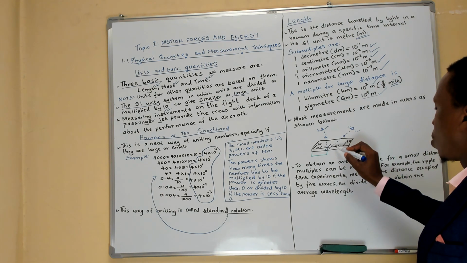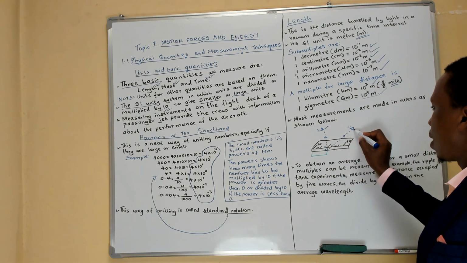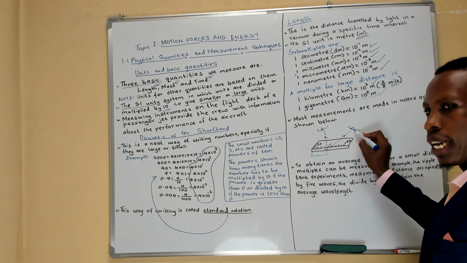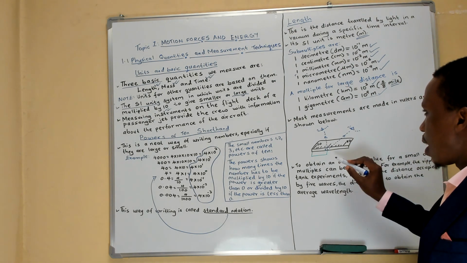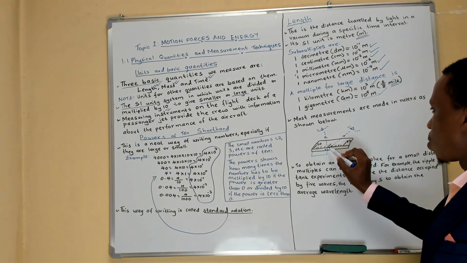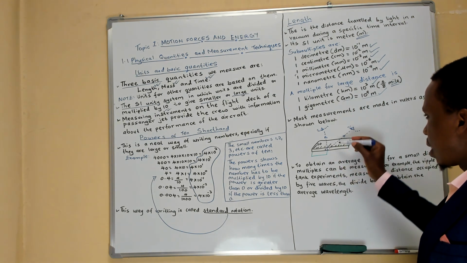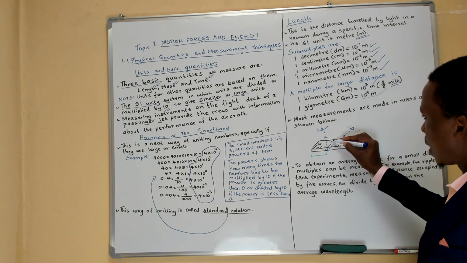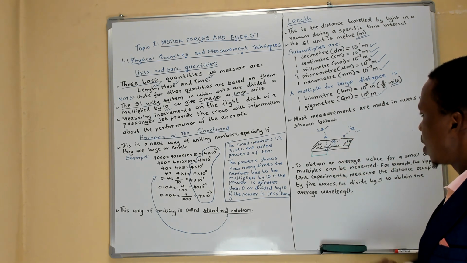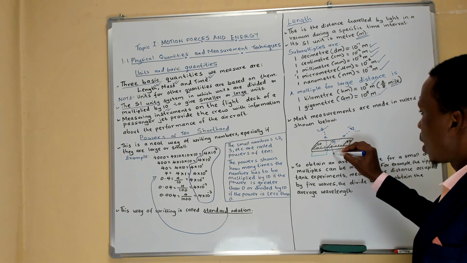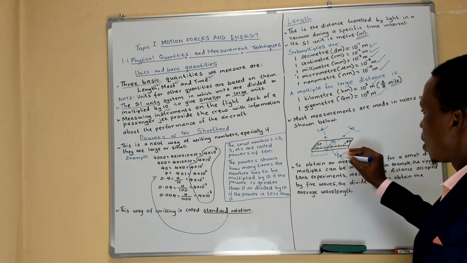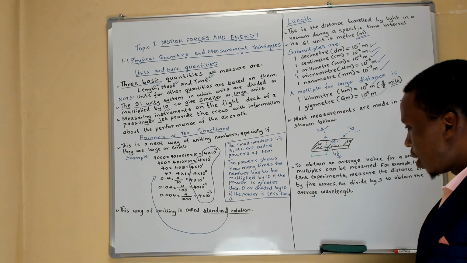If you can see here, this is bending, and it will give an inaccurate answer, but this is vertical. So this is 75 centimeters if you look at it vertically, but if you put your eye in the wrong position like this one, you will get 76 centimeters, like the example in that diagram.